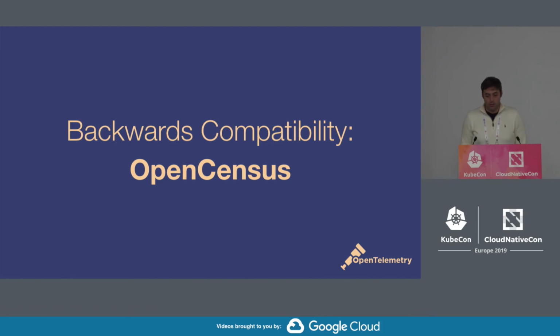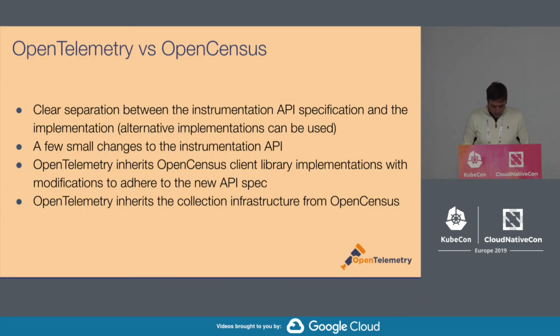The main reason is that we have a pretty large code base, not necessarily for instrumentation, but because of the implementations and all the exporters that we support. And being in a state where we have duplicated code would be kind of unacceptable for us. That means a lot of work to fix bugs in two different places. So we'll probably be a bit more aggressive on moving our users from the old project to the new one.